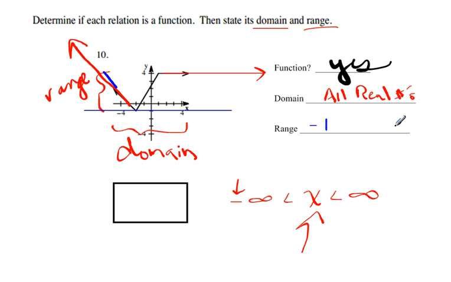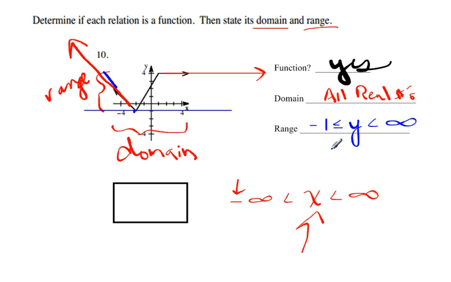Okay, so I'm going to write it this way. And if you're going to write it this way, you have to put the letter y because it's the up and down, the height, and it does include the -1. So I'm going to go less than or equal to. -1 is less than or equal to y, or y is greater than or equal to -1, and then technically just a less than sign there with the infinity. If you put the or equal to, I wouldn't mark it wrong with the infinity though at this point.